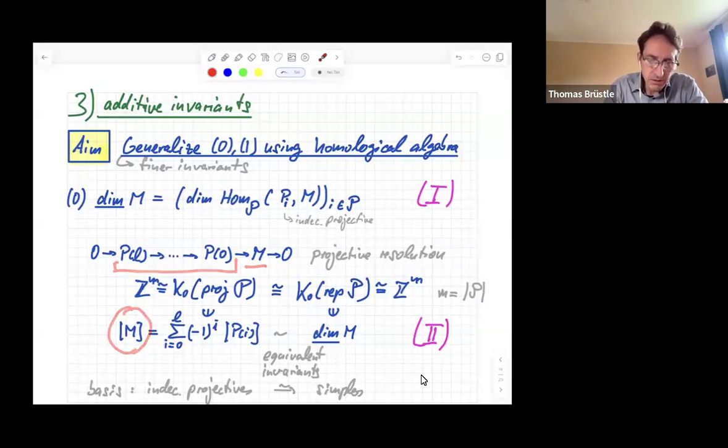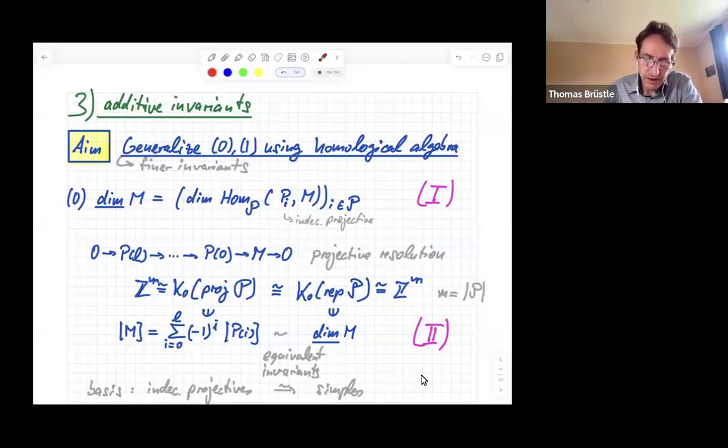the entry associated to M in the Grothendieck group of representations. So we take the alternating sum of those entries of the projectives that appear in the projective presentation of M. That's the element of the module M in the Grothendieck group. And these two pieces of information are really equivalent.